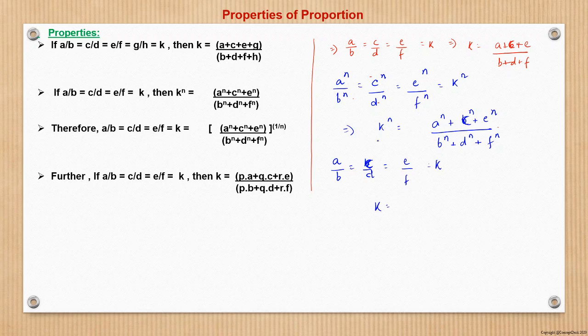So k from here I can write as nothing but [(a raised to power n plus c raised to power n plus e raised to power n) upon (b raised to power n plus d raised to power n plus f raised to power n)] raised to power 1 by n, right? So this is what I have written here as a property. There's nothing more here. I come down to the very general form of all these things.